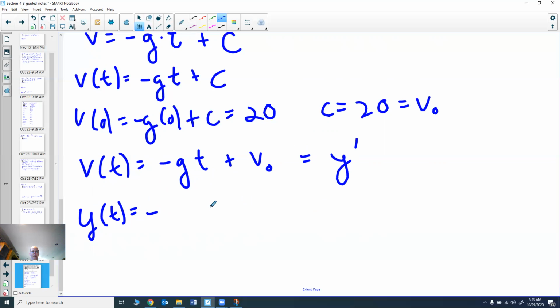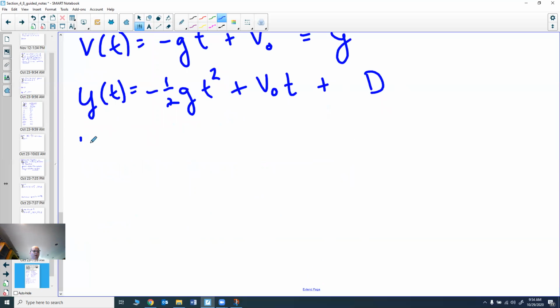Remember, you add 1 to the power, and then multiply by the reciprocal of the power. So you get minus 1/2 gt squared plus v0 t. v0 again is a constant. It's 20, but it's just a constant. So think of it as t to the 0, add 1, you get t to the first. Plus some constant. We don't want to call it c, let's call it d.